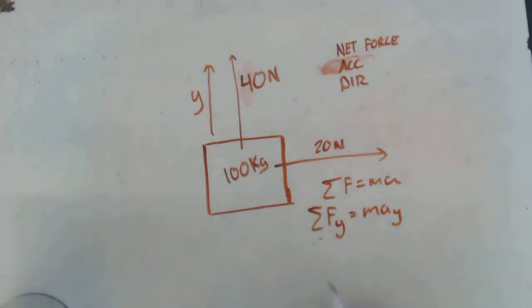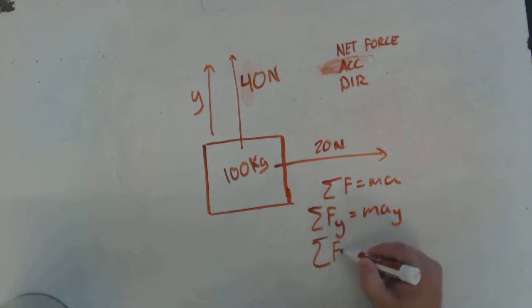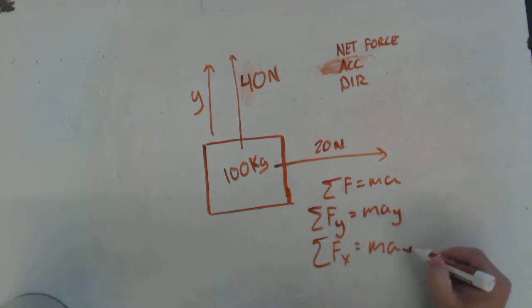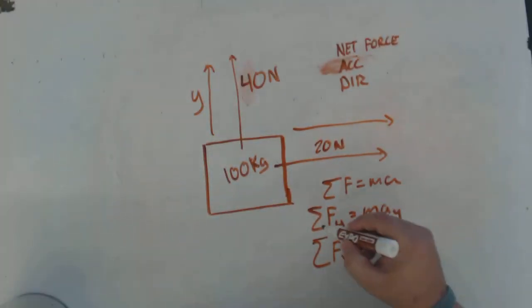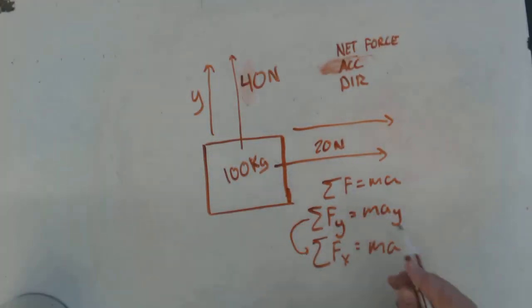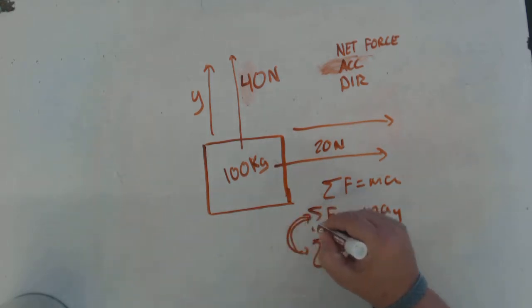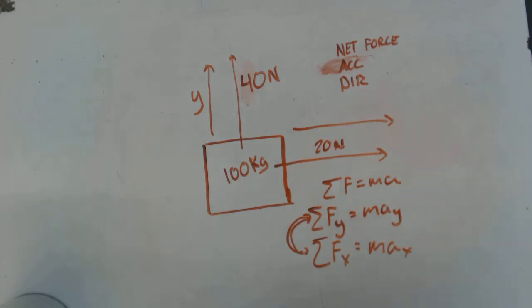So all the forces in the y direction produce an acceleration in the y direction, and all the forces in the x direction produce an acceleration in the x direction. That also means the forces in the y have no effect on the x, and the forces in the x have no effect on the y.